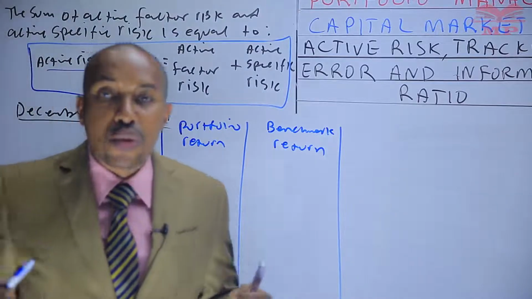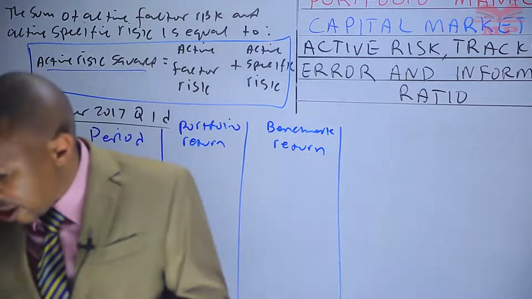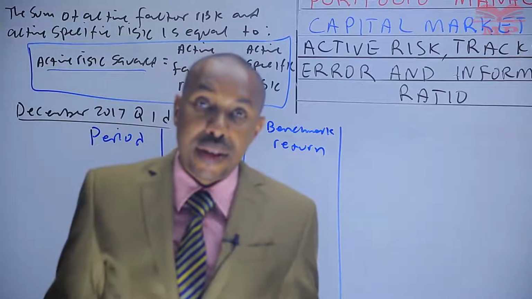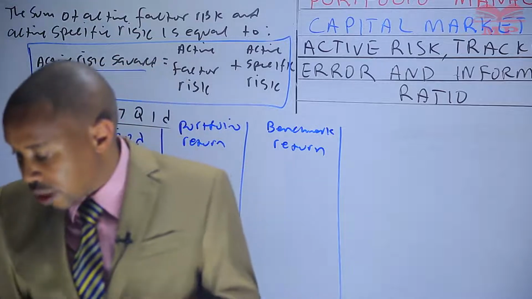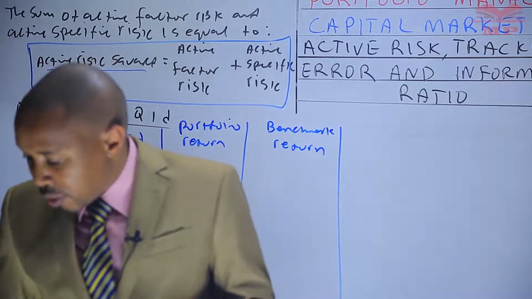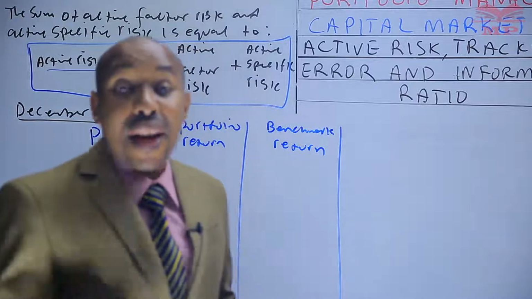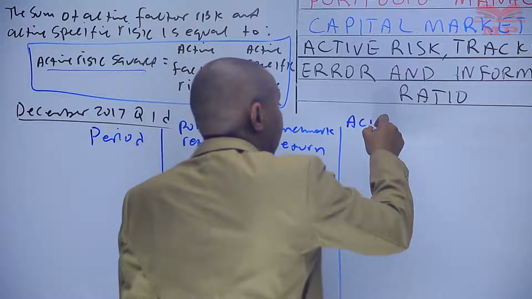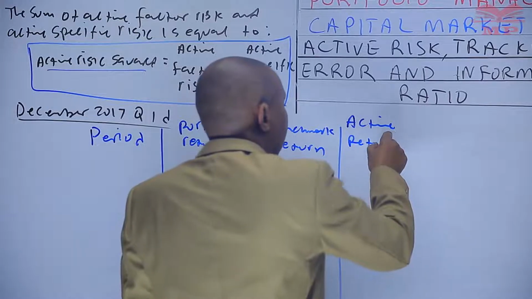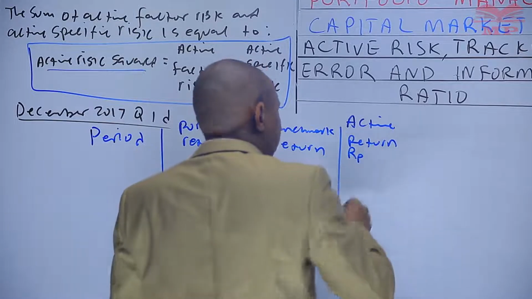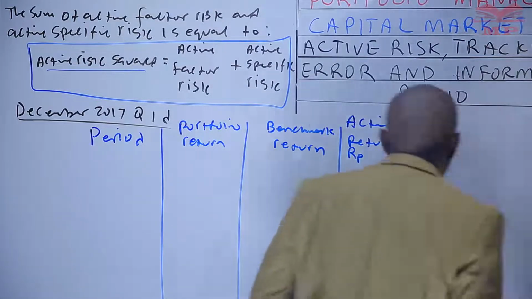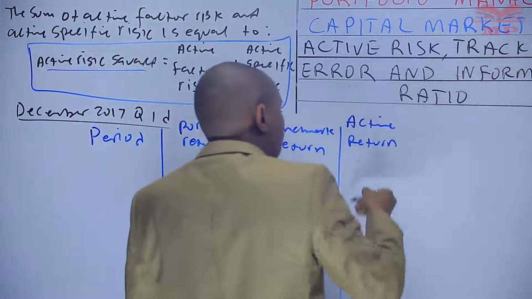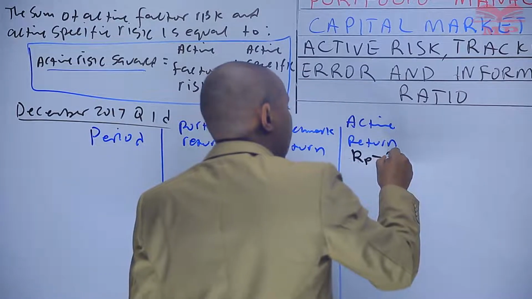And what we need to do, ladies and gentlemen, the first step is to compute the active return, because you already know what active return is, what active risk is, and that's what we need to compute. The active return is just the return on the portfolio minus the return on the benchmark. So RP minus RB.